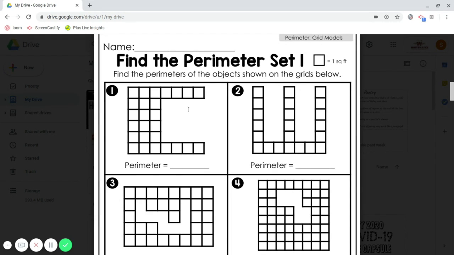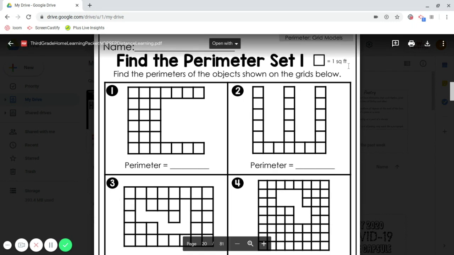Somehow I messed up, but it should be 14. So it would be 4 plus 4 plus 4 is 12, and then 13, 14. That's why. I didn't count this one. So we ended up with 14 feet up to here, and then these three sides added up to 20. So 20 plus 14 is 34 feet. And so your perimeter would just be in feet, not square feet.